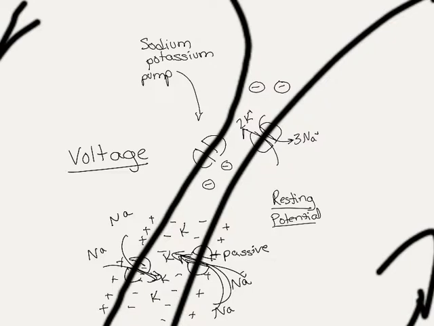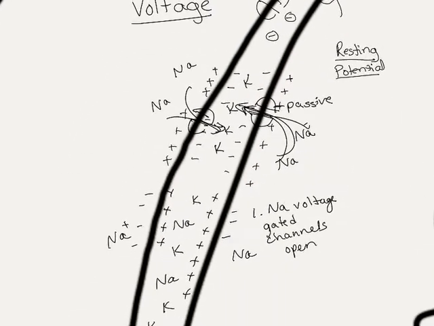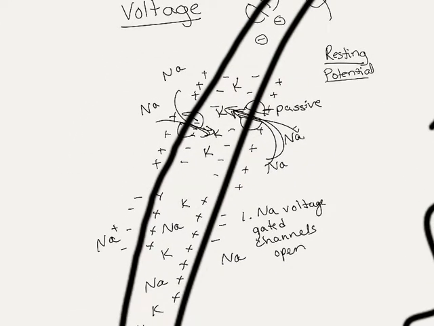So we've got, like I said, a net positive on the outside, negative on the inside, plus we've got these negative ions here. But then, when an action potential begins, voltage-gated channels open, and these are going to be the sodium voltage-gated channels. So sodium's going to rush in very, very quickly, and you've mixed your currents.